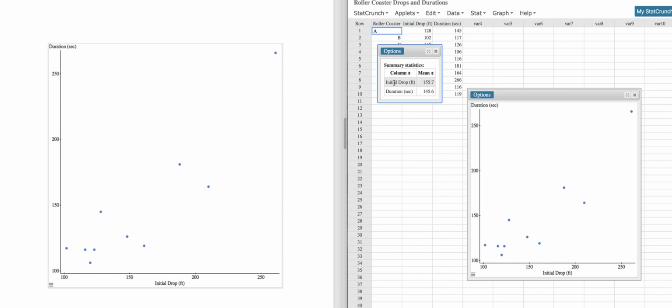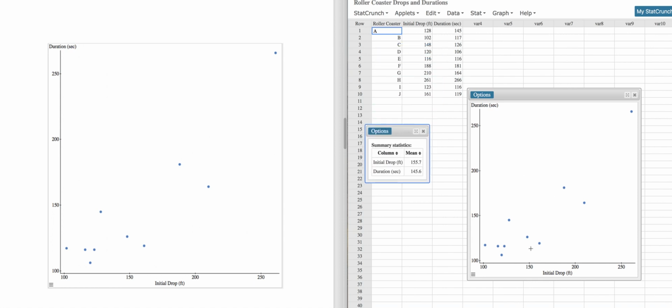For my x values, the mean of the initial drops is 155. Let's see, what is this point? This point has an initial drop of 161, so 155 would be a little bit back from that point.